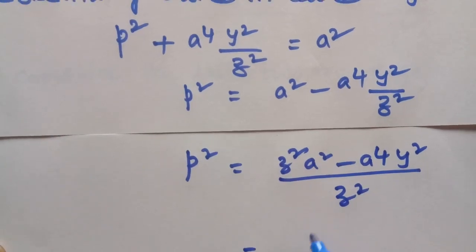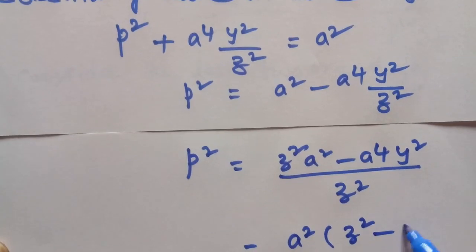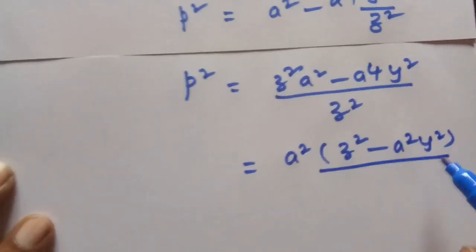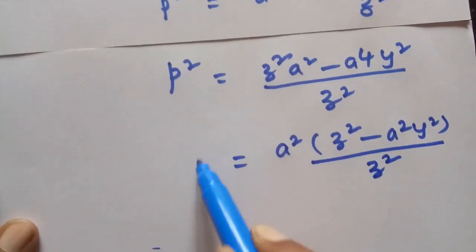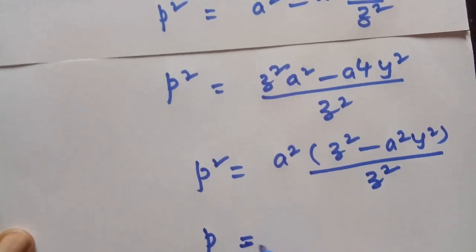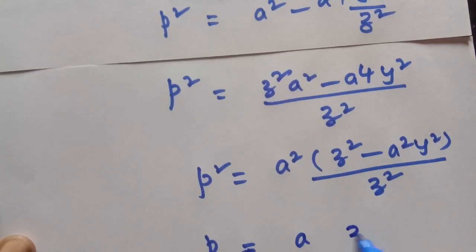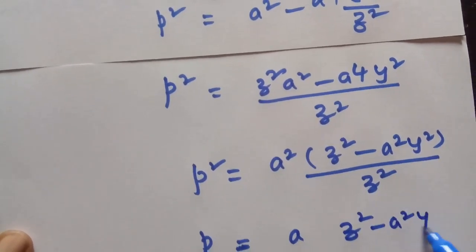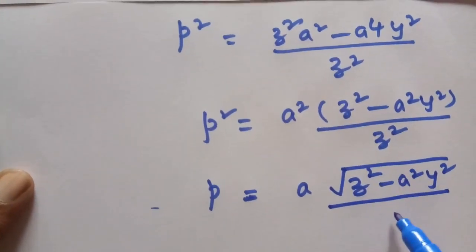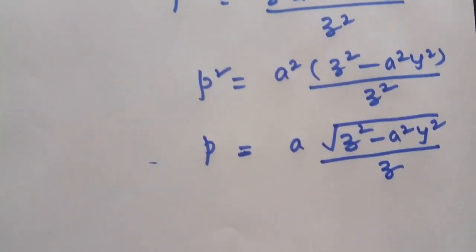Therefore, taking out a square as a common factor, z square minus a square into y square by z square. This is p square. Now taking square root on both sides, p is equal to a, square root of a square is a, square root of z square minus a square into y square, by square root of z square, which is z. This is the value of p.